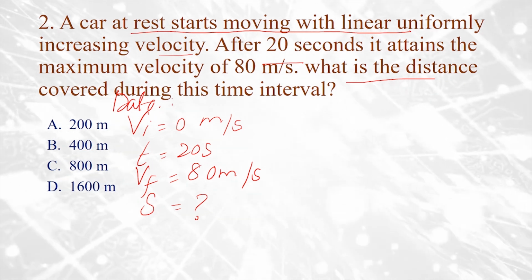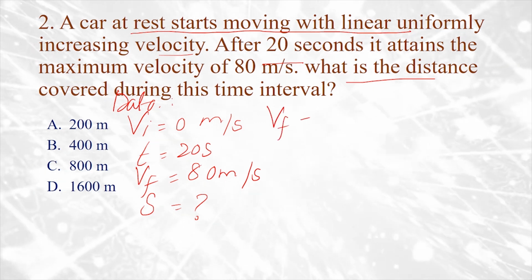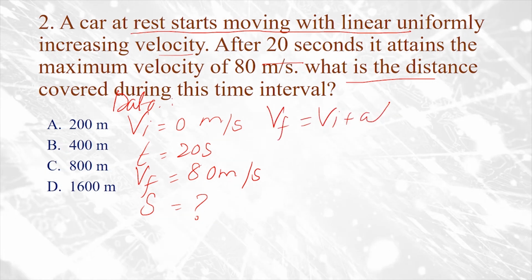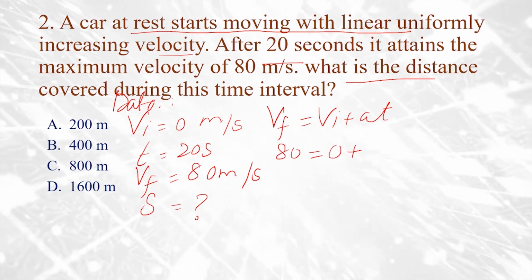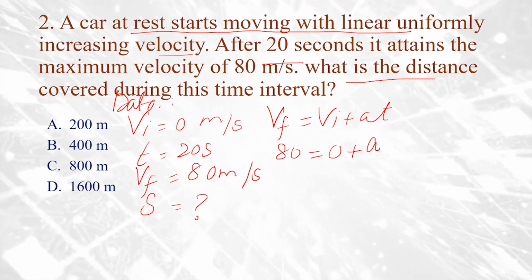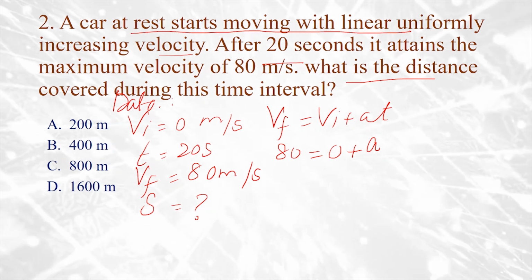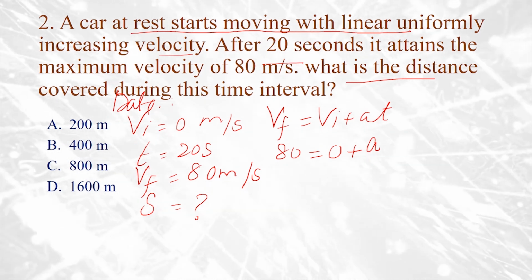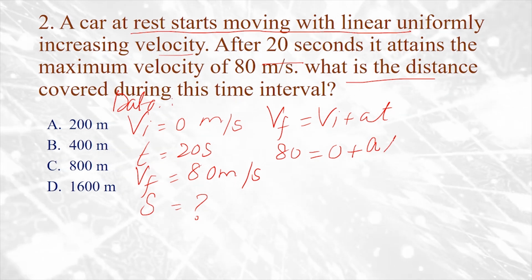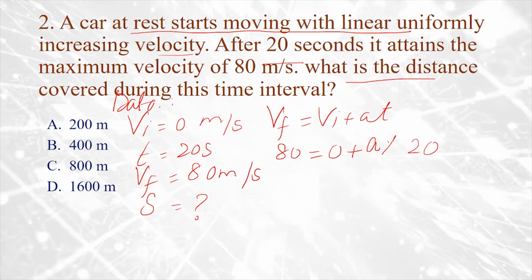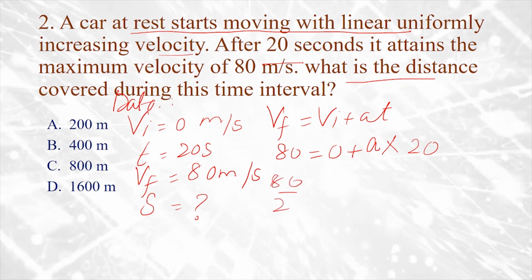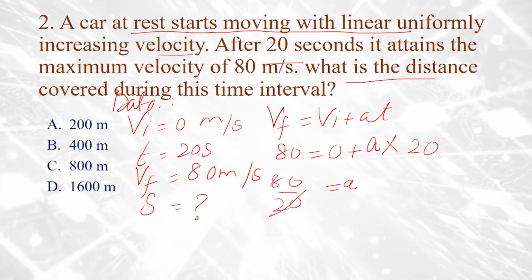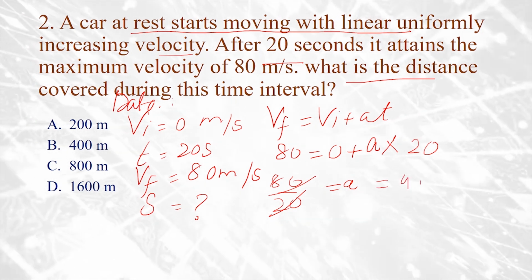So first we are going to use the first equation of motion, which is Vf equals Vi plus at. Vf is 80 and Vi is 0 plus acceleration, which is unknown, times the time, which is 20. When you divide 80 by 20, the acceleration will be 4 meters per second squared.